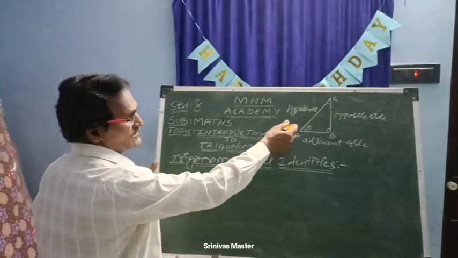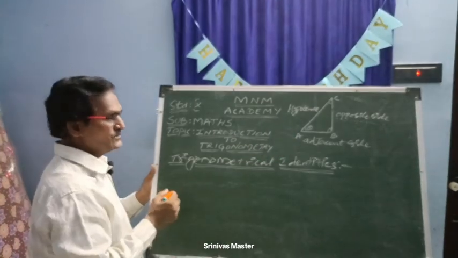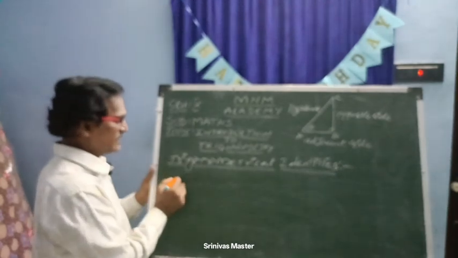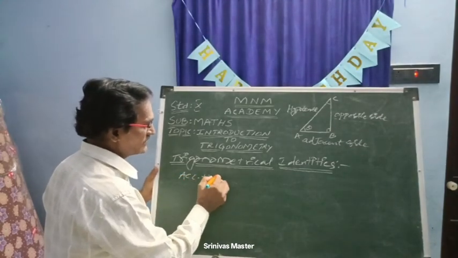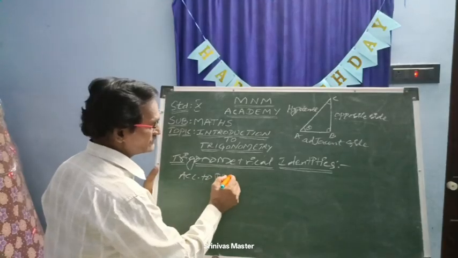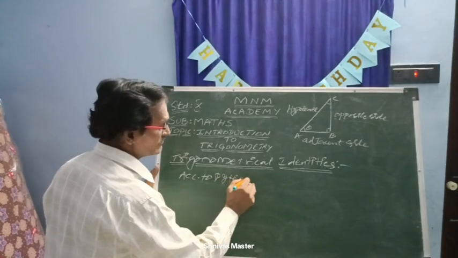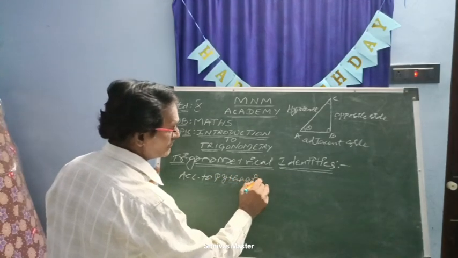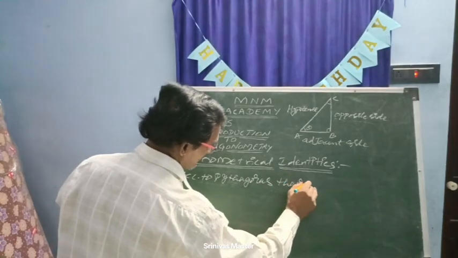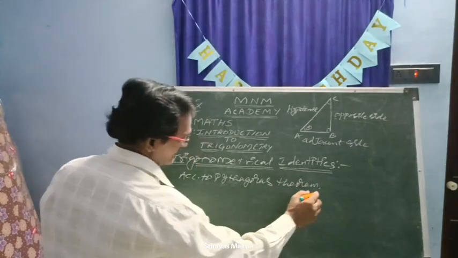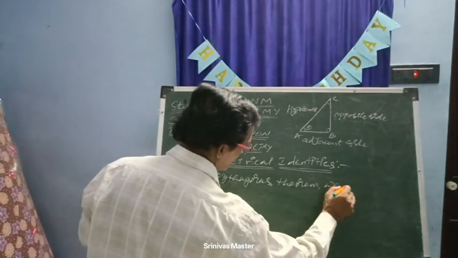Now according to this triangle, by using the Pythagoras theorem, what will we get?